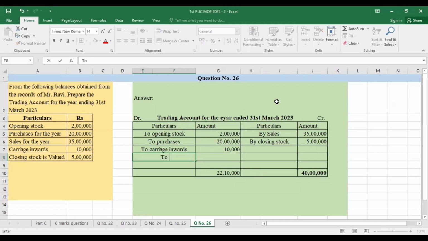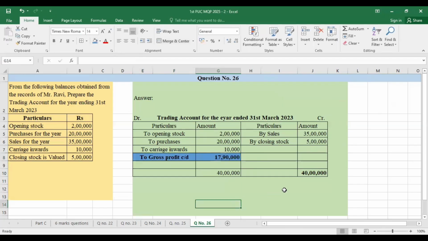So you have profit. The profit is called gross profit carried down. That is equal to total of 40 minus 2 lakh minus 20 lakh minus 10,000, which comes to 17 lakh 90,000. So this is the answer. I mean gross profit. So this is how you have to write trading account in your exam. This is the balancing figure.